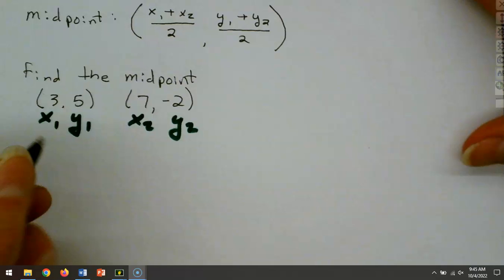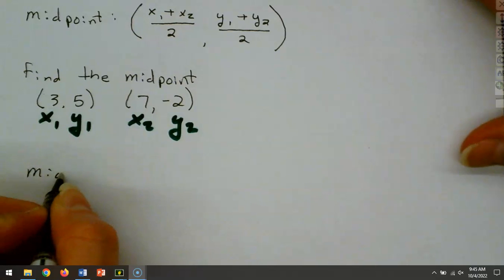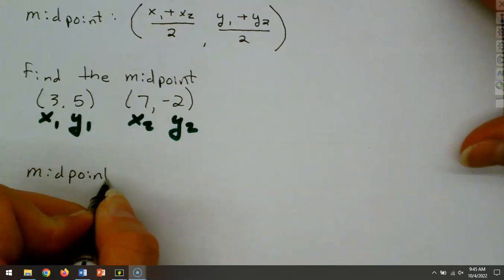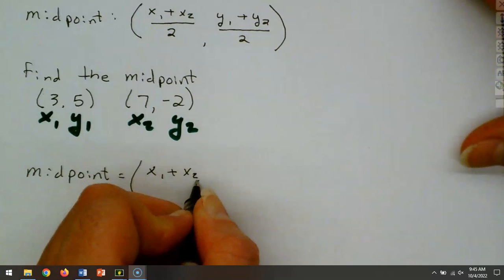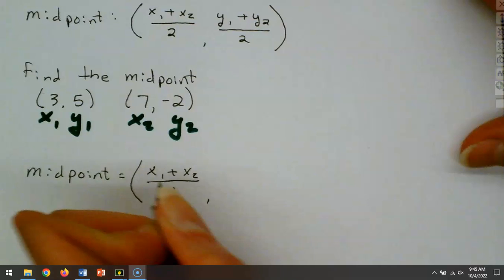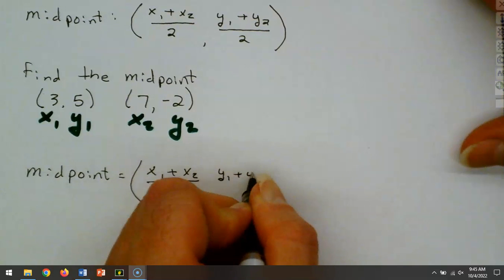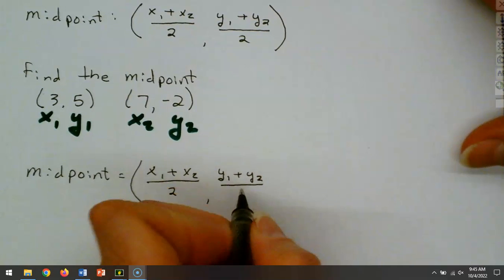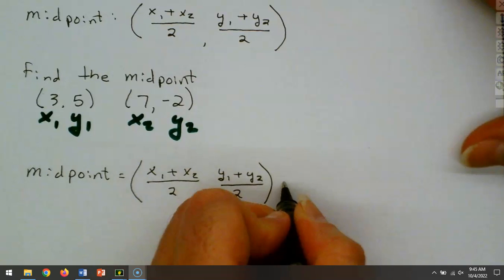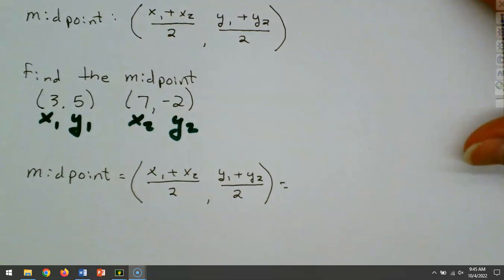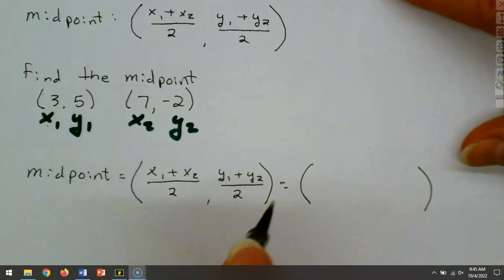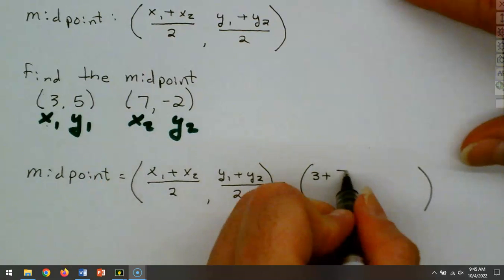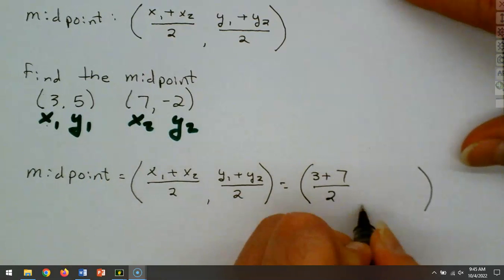And now let's find it. In our midpoint, we add them together and divide them by 2. Let's go ahead and fill these in. If I fill in with my numbers, what do I have here? x1, which is 3, x2, which is 7, over 2.